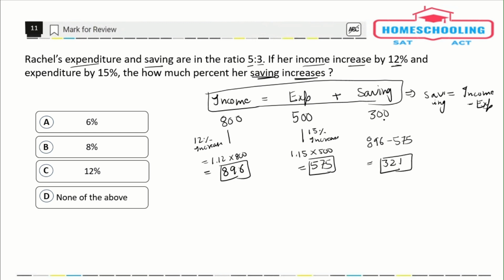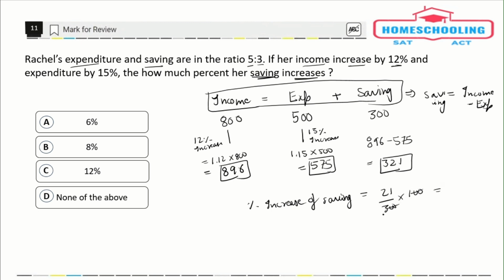So now what we have to find? We have to find the percentage increase of saving. So percentage increase of saving is equal to the difference between both of them, that is 21, divided by the initial amount, that is 300. And this is a fraction, we have to convert into percentage, so multiplied by 100.